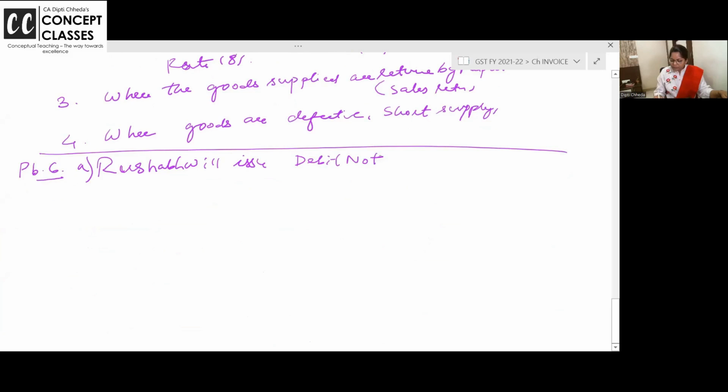Rishabh will issue debit note or credit note, as he is registered supplier.